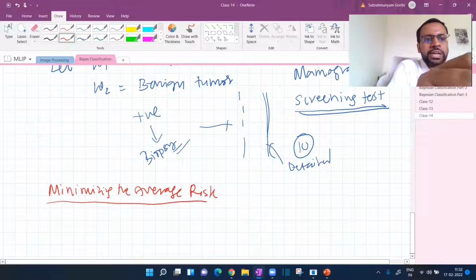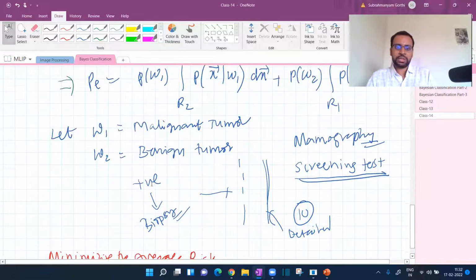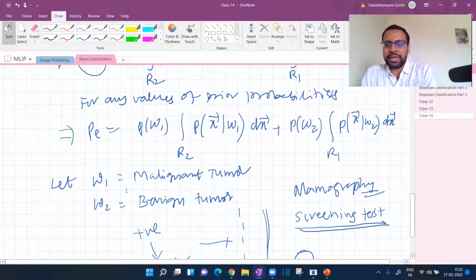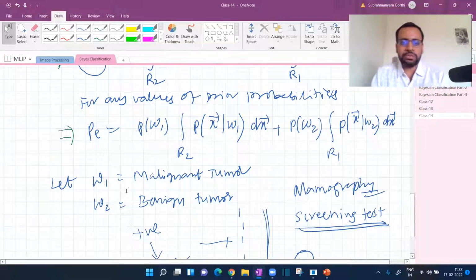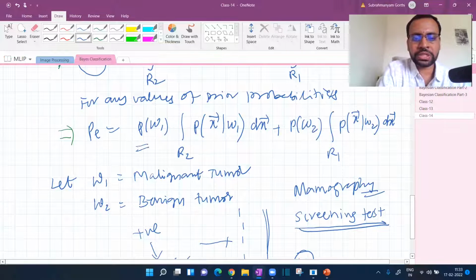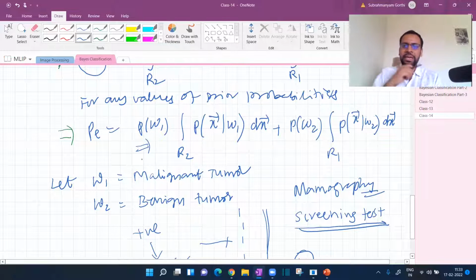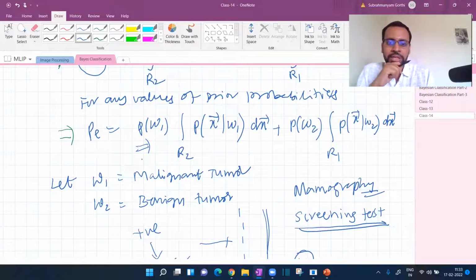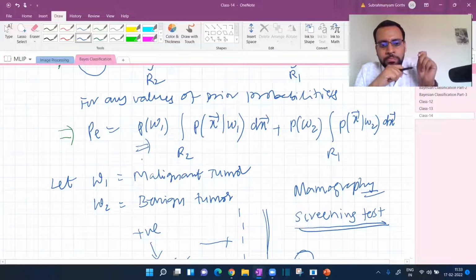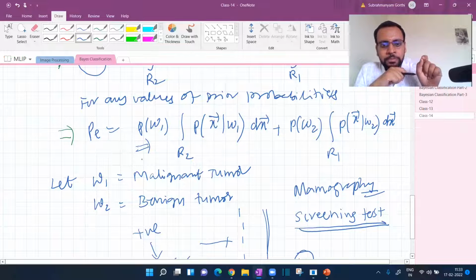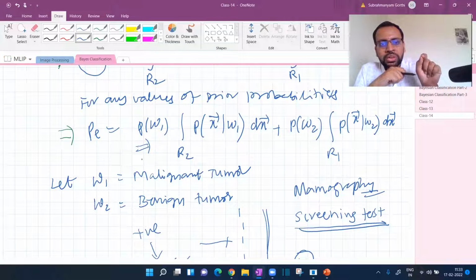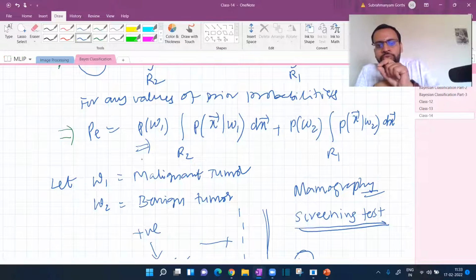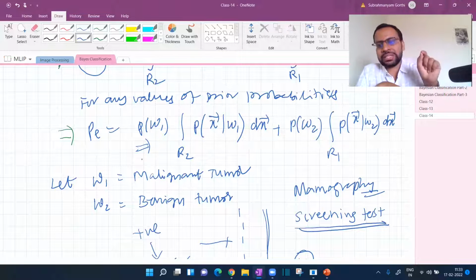What will be done here is you put a different penalty. See what it is giving you. This first term is giving you the penalty. I can call it the penalty also, right? The first term here is giving you the penalty for misclassifying a feature vector into class 2, which should have actually been class 1.